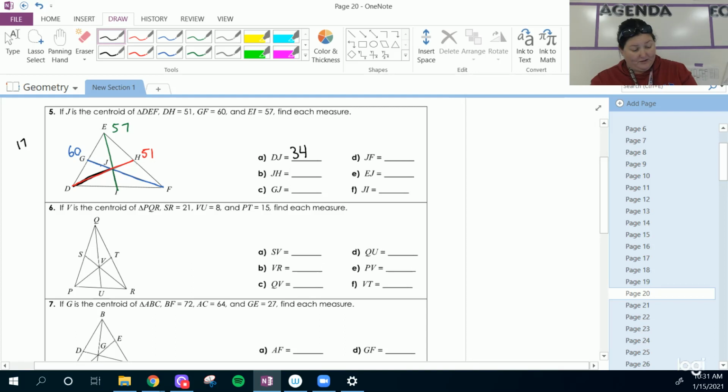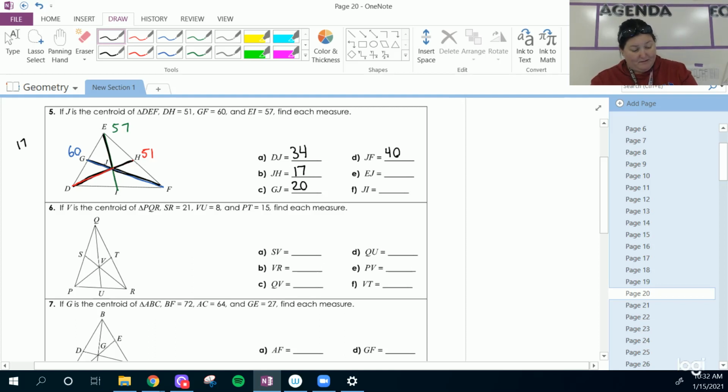Then we're finding JH, which is the small piece here, which is 17. We already found that. GJ is this piece here. That's the small piece. So we just take 60 and divide it by 3, which is 20. Then they want JF, which is a large piece. So we multiply 20 times 2 and we get 40.